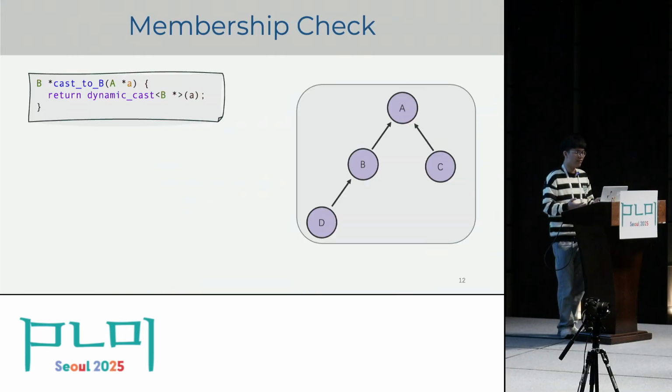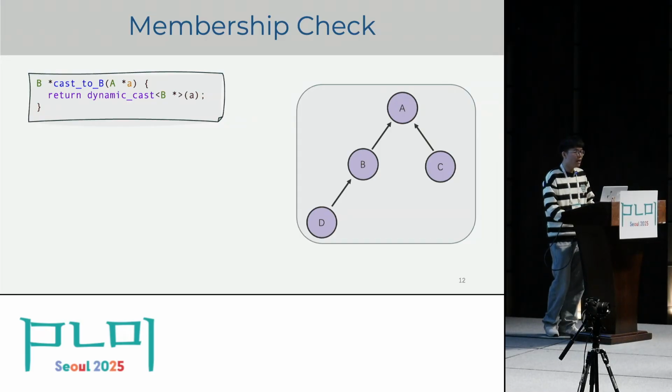So once we have the full class hierarchy, and we know that it cannot be inherited from outside the LTO module, we came up with our new link time optimization, which optimizes the dynamic cast into a simple membership check.